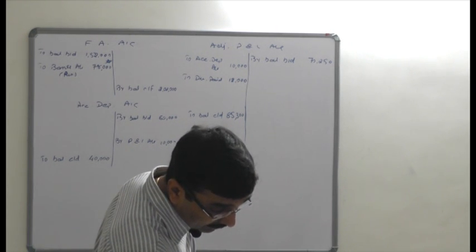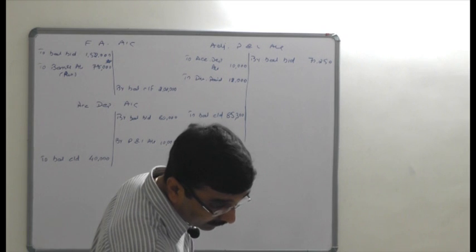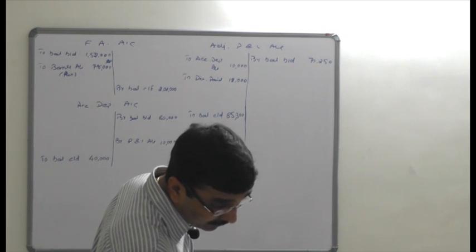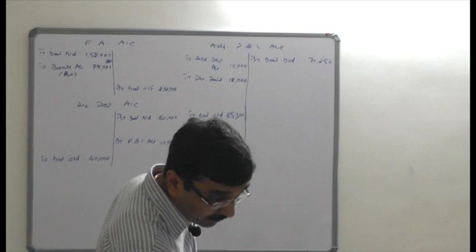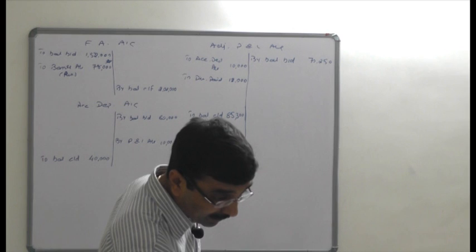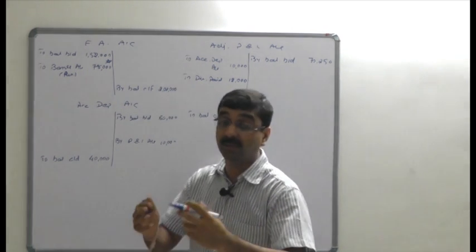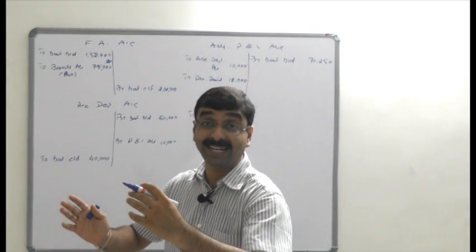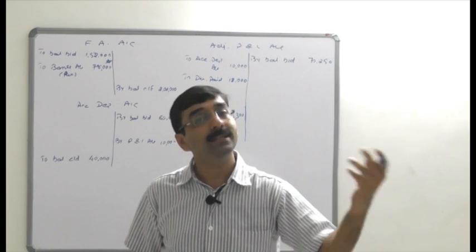And another: fully depreciated equipment costing rupees 30,000 was discarded, with no salvage realized. 30,000 rupees of fixed assets is completely discarded and no salvage value has been realized for the same. So that means we are not supposed to get any amount out of that particular asset. If you are not going to realize anything from that asset, that means the asset goes out, it's credit, and since there is no salvage value, we are going to consider it as depreciation.